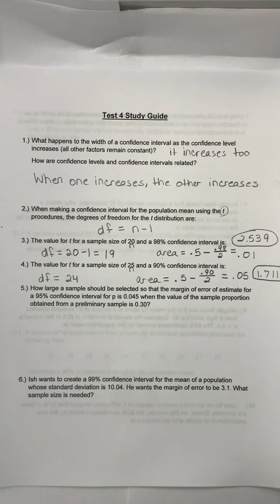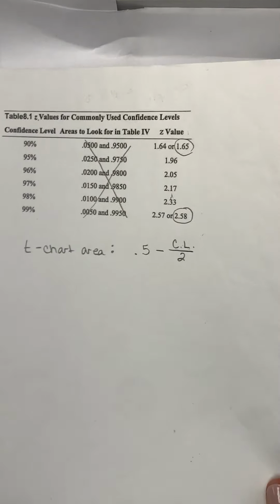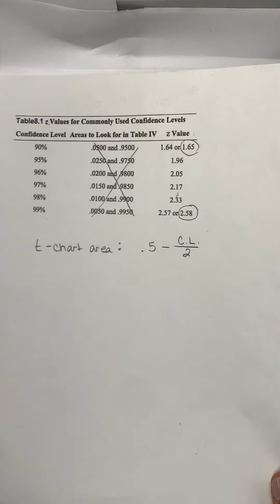Okay? All right. Now, number 5 and number 6 both ask for a sample size. How large a sample? What sample size is needed? So they're both involving sample size. So those are 2 other equations you need to put somewhere, okay? And this deals with chapter 8.